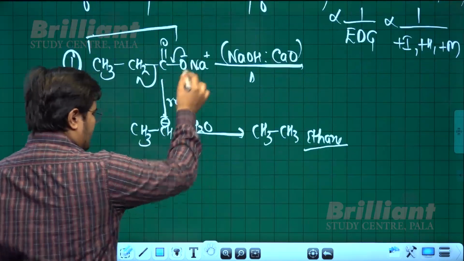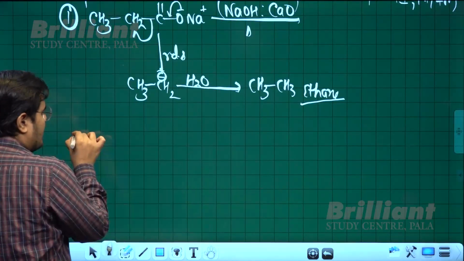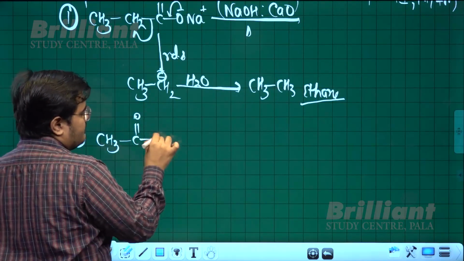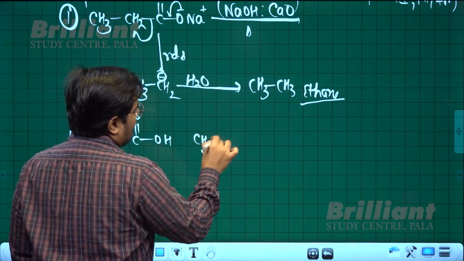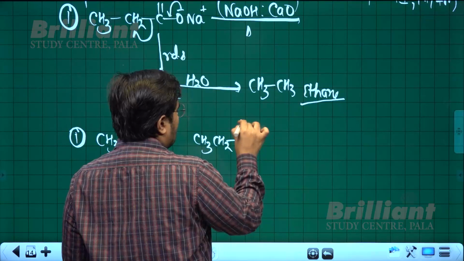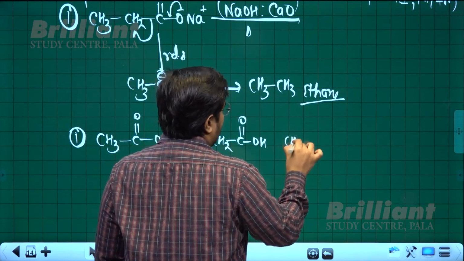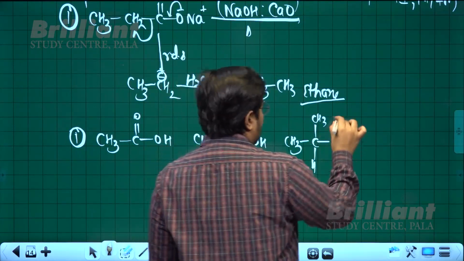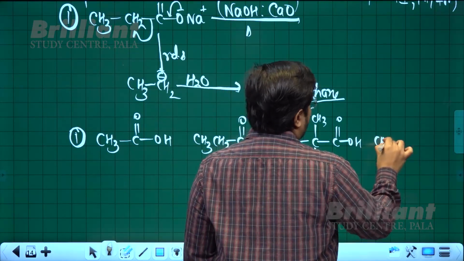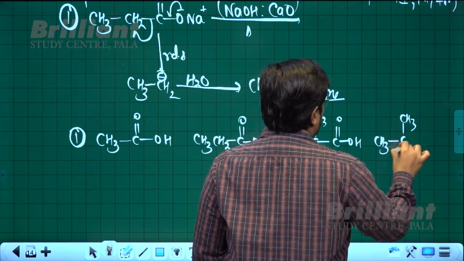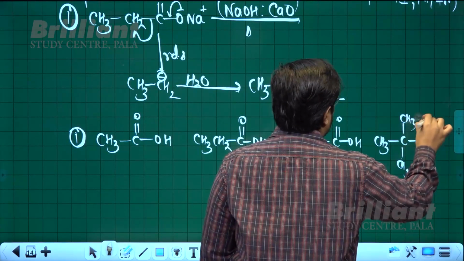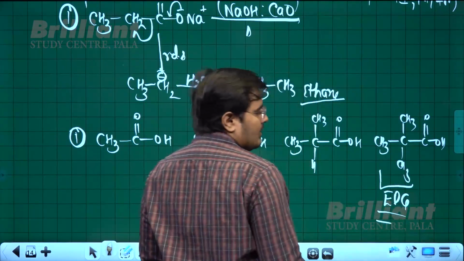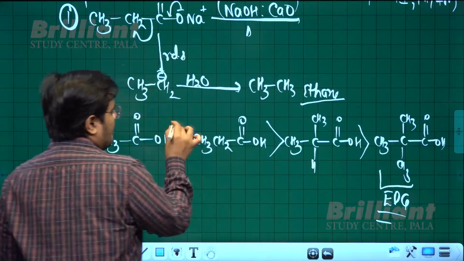If you want to compare the rates of decarboxylation, you can compare it like this. If I am having CH3COOH, CH3CH2COOH, CH3CH(CH3)COOH, and CH3C(CH3)(CH3)COOH. As the last one has the most electron donating groups, the rate of decarboxylation will go in this manner.